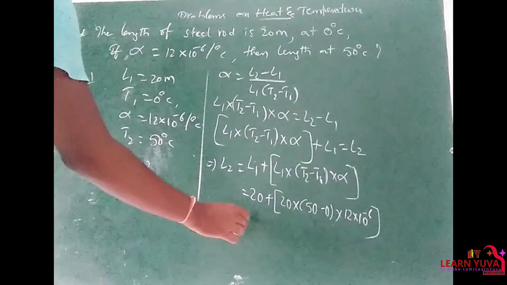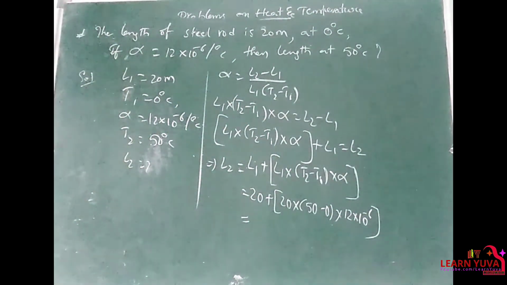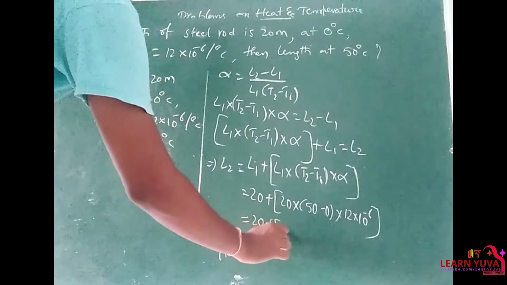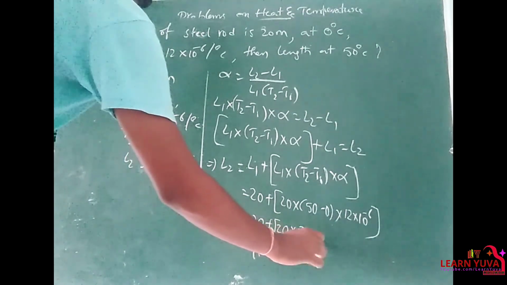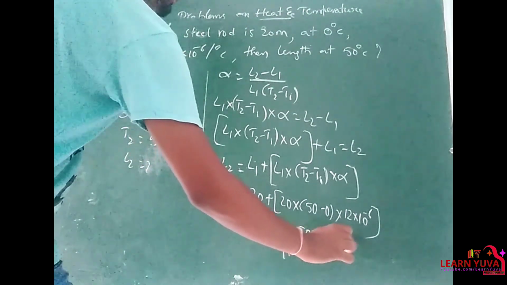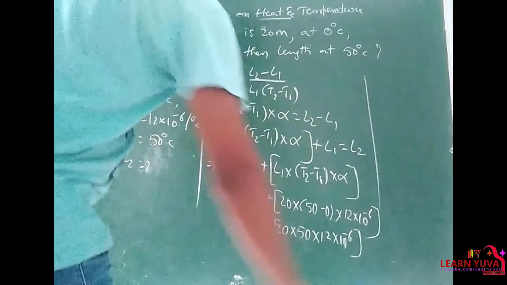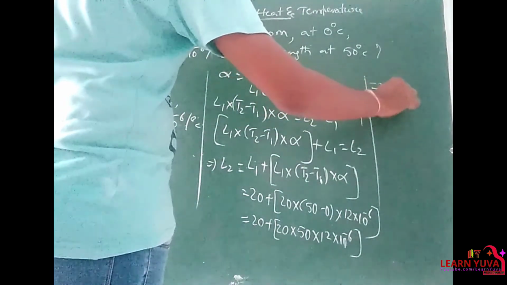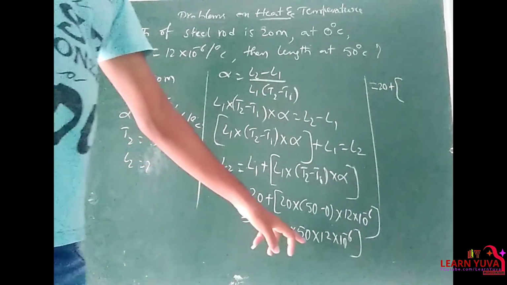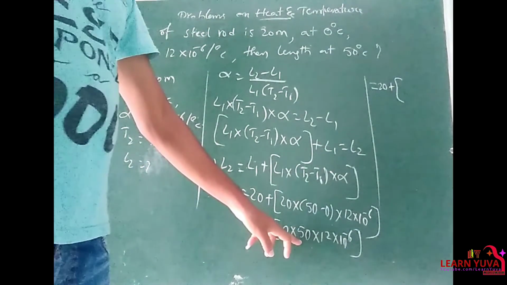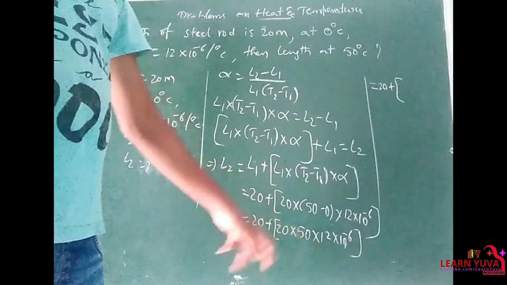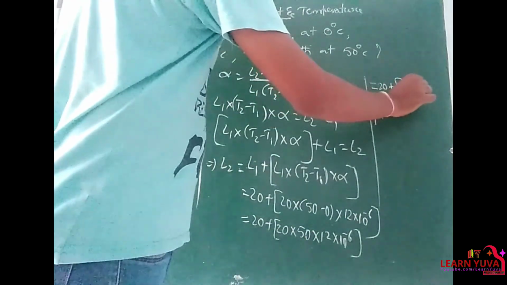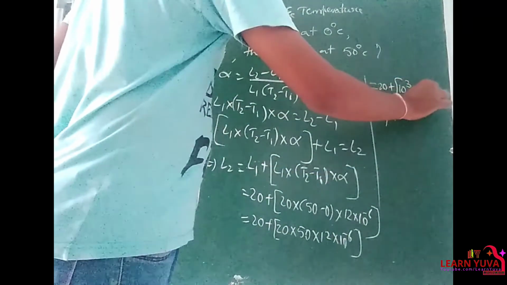That is equal to 20 plus 20 into 50 into 12 into 10 power minus 6. 20 into 50 is 1000, and I am writing 1000 as 10 power 3, into 12 into 10 power minus 6.